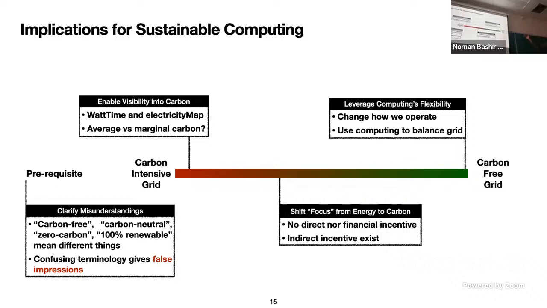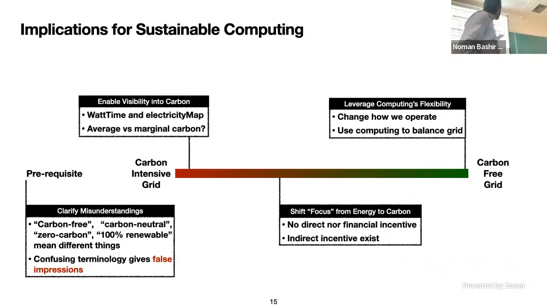And then finally, this is something that I have discussed in quite some detail: we should leverage the computing flexibility and unique advantages that it offers, and not only reduce the carbon footprint of computing, but also help the grid by offering some services. If you are interested, you can find that.